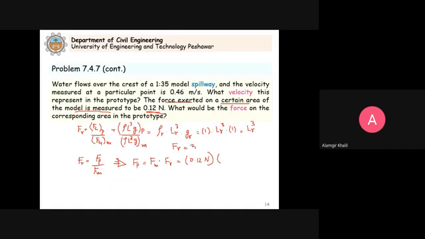So this is 35 cube. Now from here you will get the force in the prototype, that will be equal to 5145 Newton. So this is the answer.